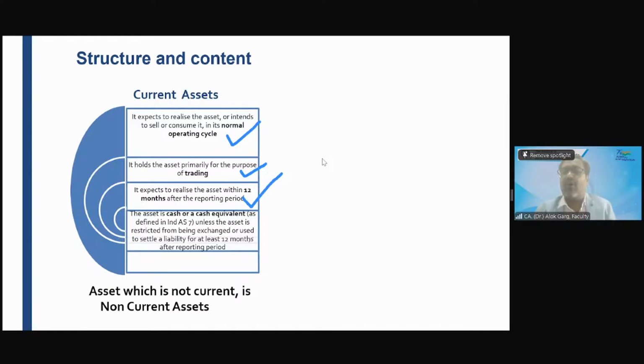asset. Or the asset is a cash or cash equivalent. What is a cash or cash equivalent? It is defined in Ind AS 7.